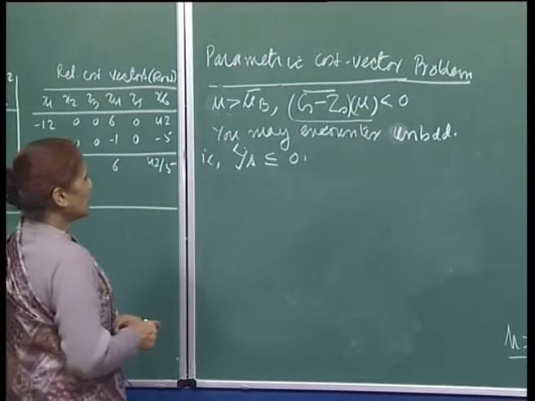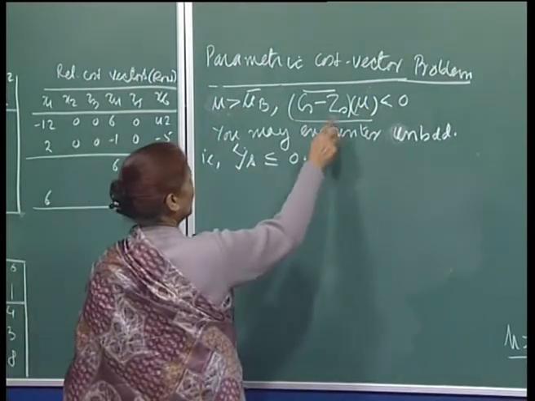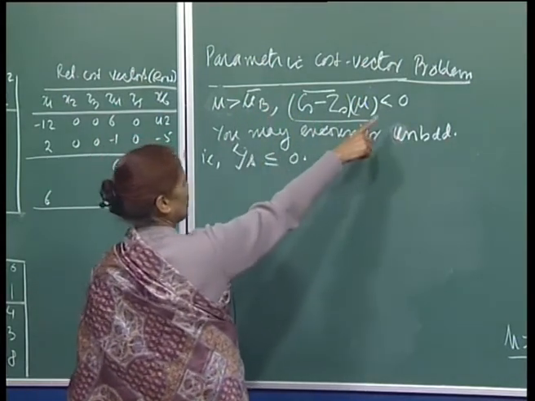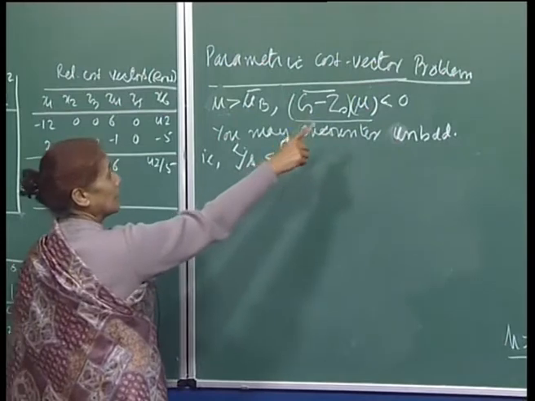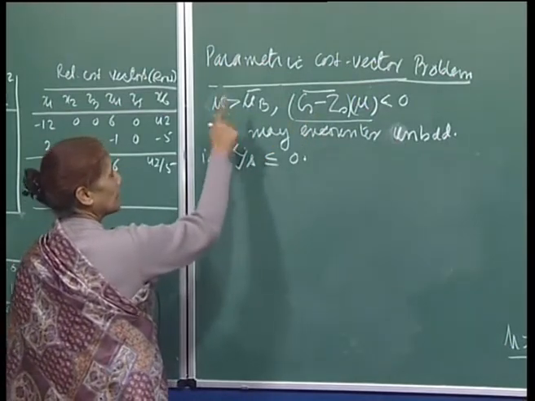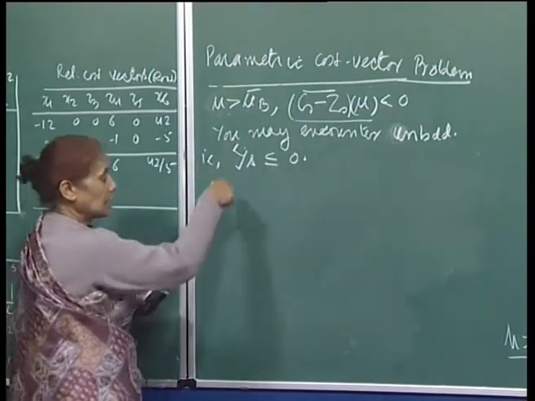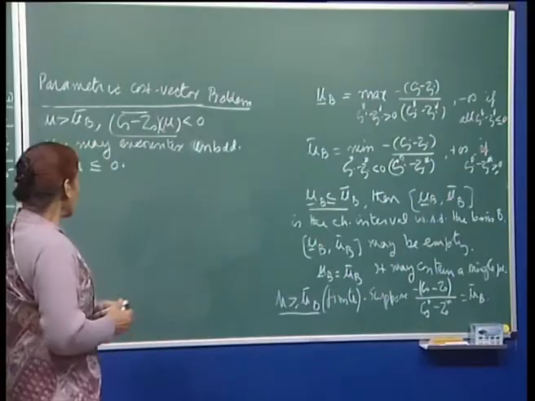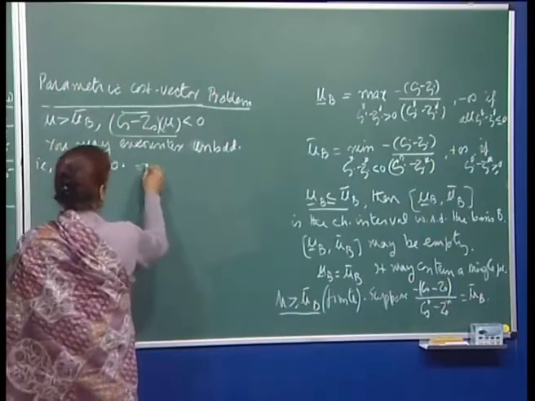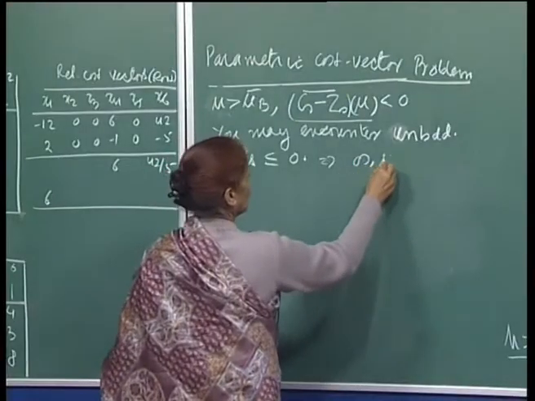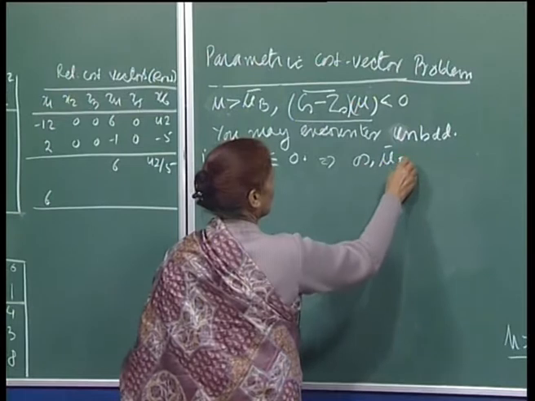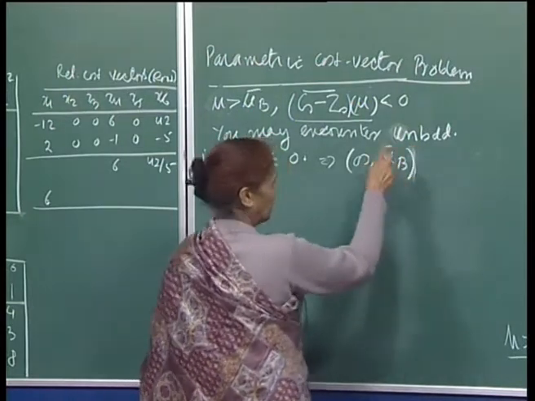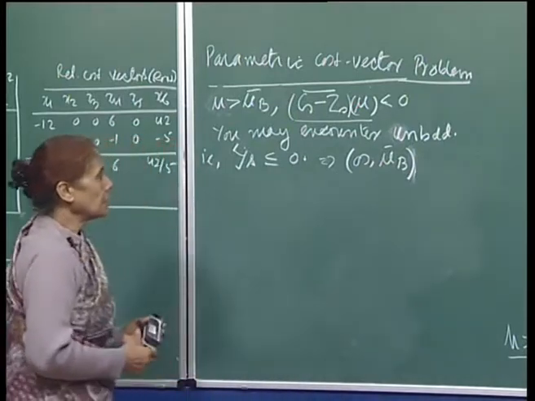So in that case, what will you conclude immediately? Because for mu greater than mu upper bar b, this is less than 0, and it will continue to be less than 0 for all mu greater than mu upper bar b, and if the corresponding column underneath is less than or equal to 0, this implies that for this interval, sorry, this will be open, because for mu upper bar b you have b as an optimal solution.